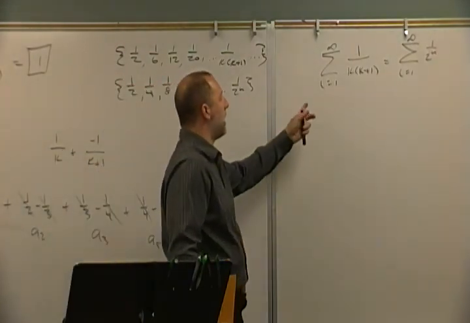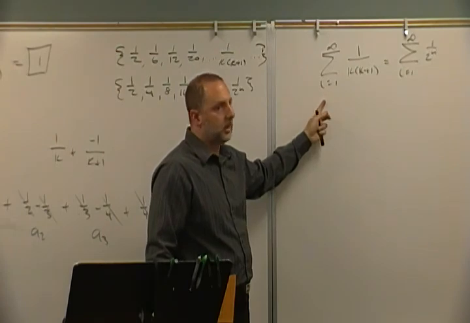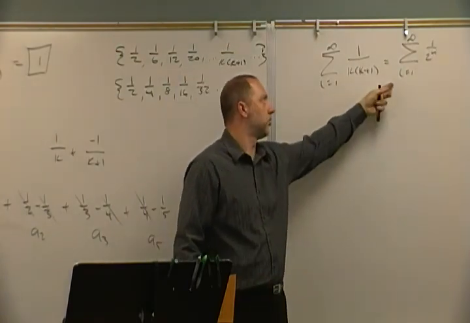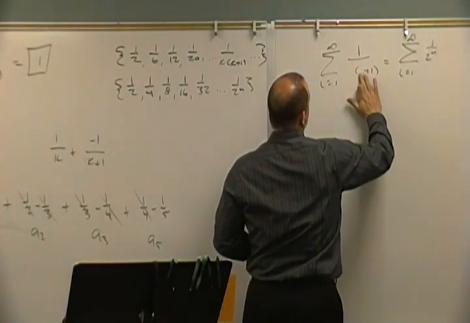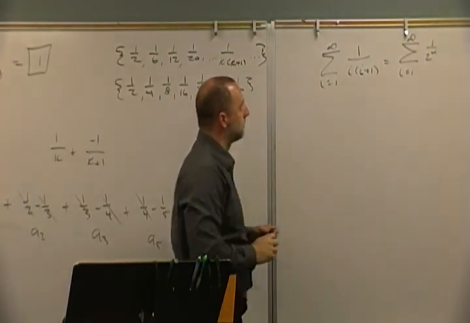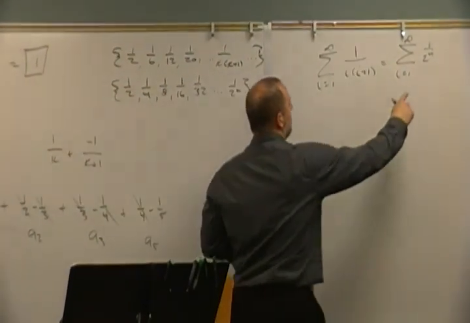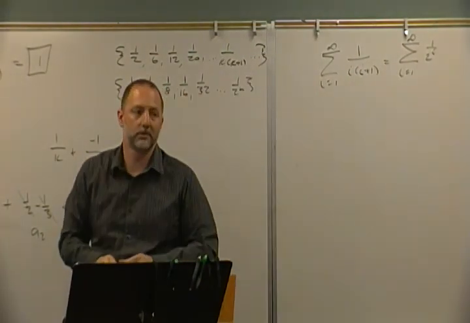I'm in the habit of using i down here. The book is in the habit of using k. The index doesn't matter as long as things are written properly in here. So see, like here, if I have i, this is really written incorrectly. This should be i and i. And see, I put n here. It's not 2 to the n, that's 2 to the i, if i is my index.